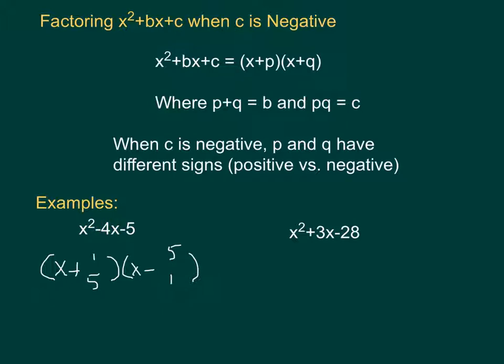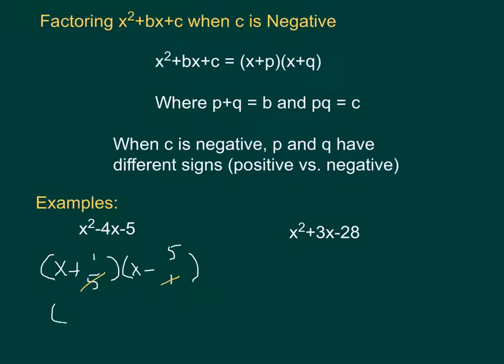Well, if they're adding up to negative 4, my options are a positive 1 with a negative 5, or a positive 5 with a negative 1. Based on those two options, it's pretty clear that I want the 5 to be the negative number, because it's going to be larger and cancel out the positive 1. So I don't want the 5 in the first, meaning I don't want the 1 in the second one.